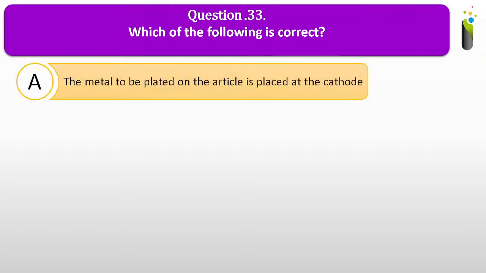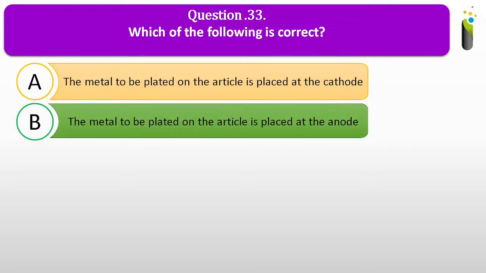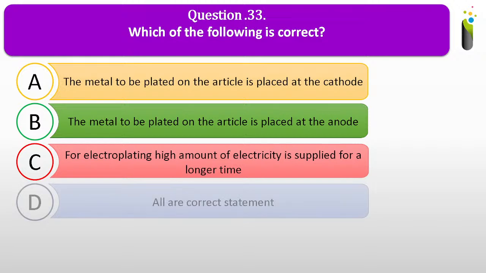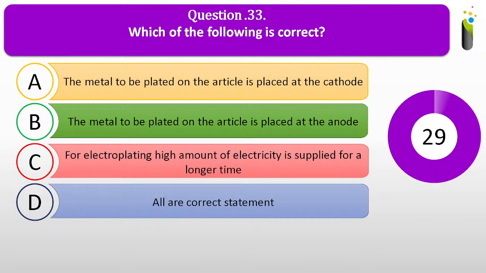A. The metal to be plated on the article is placed at the cathode. B. The metal to be plated on the article is placed at the anode. C. For electroplating, high amount of electricity is supplied for a longer time. D. All are correct statements.